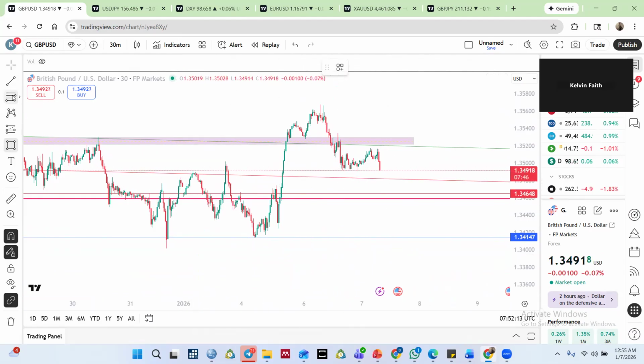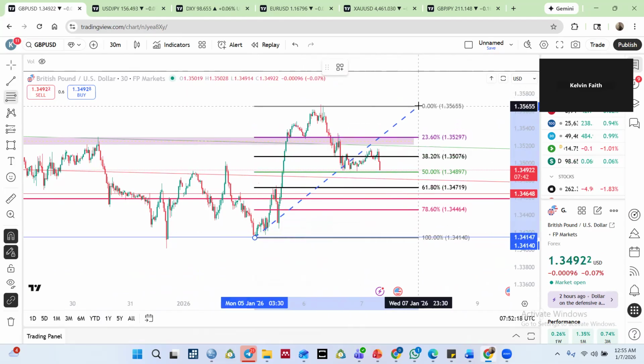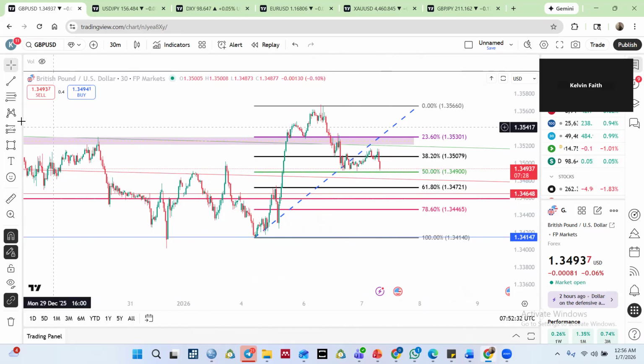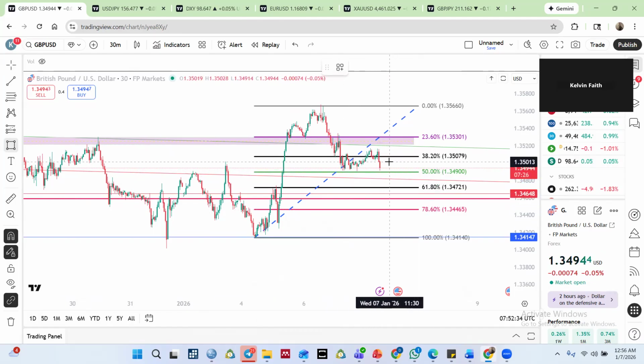Let me measure this range because this is a valid range. We got like a 50% retracement to 38. So from 38, if we are really breaking down 38, we're coming to 78 or 61. We're coming to somewhere here.